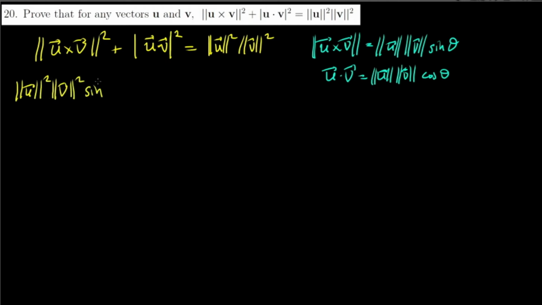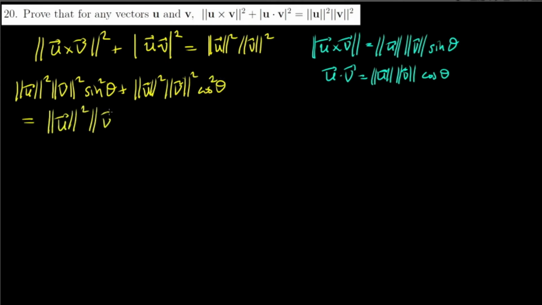So the magnitude of u cross v squared is the magnitude of u squared times the magnitude of v squared times the sine squared of theta, plus, and then an absolute value, so these are all going to be positive, the magnitude of u squared times the magnitude of v squared times the cosine squared of the angle. I guess that should be an absolute value, but you're squaring it, so it's positive. So when you factor out the magnitude of u squared times the magnitude of v squared, you just get the usual sine squared plus cosine squared, which is equal to 1.